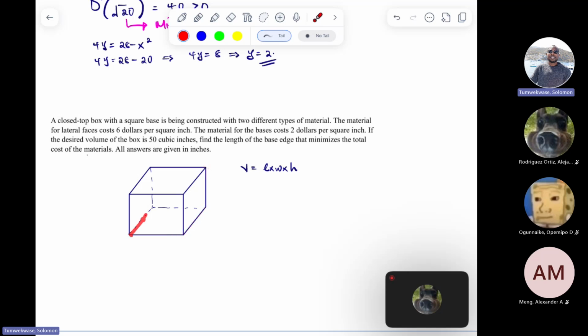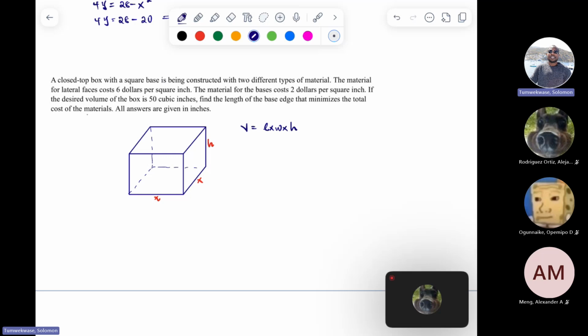So if the base is a square, then the length and the width are the same, right? So basically, if the length is x, then the width will also be x, but the height can be anything, right?